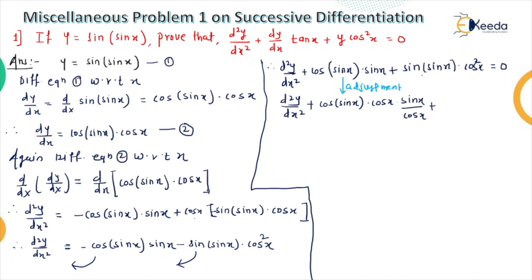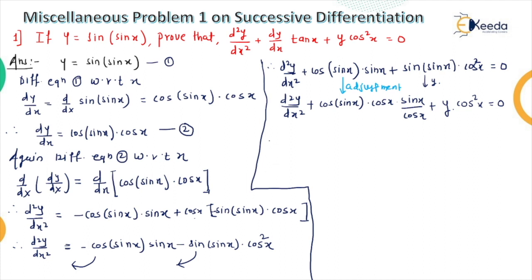Therefore, if we see equation number 1, what is sin of sin x? Sin of sin x means y, guys. So I am writing y for sin of sin x, and into cos² x is equal to 0. Clearly you should understand this, right?